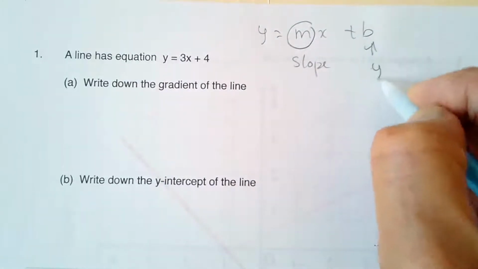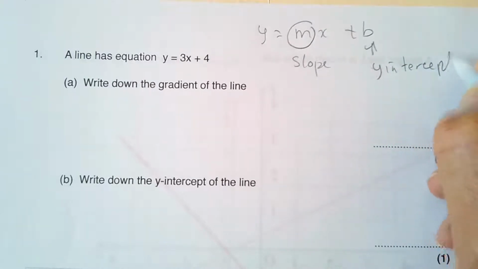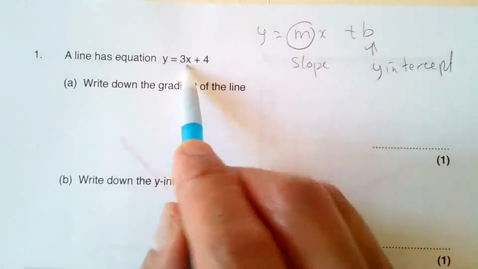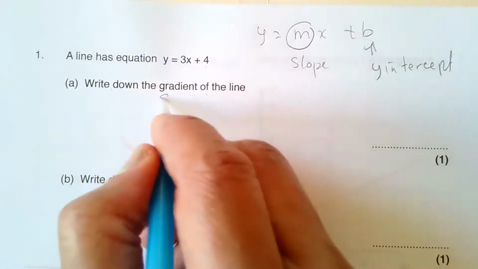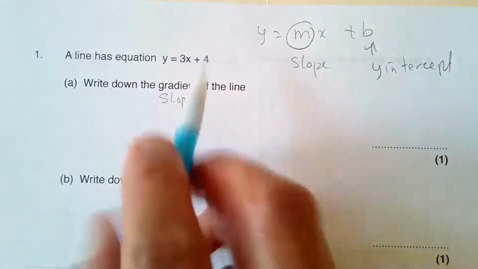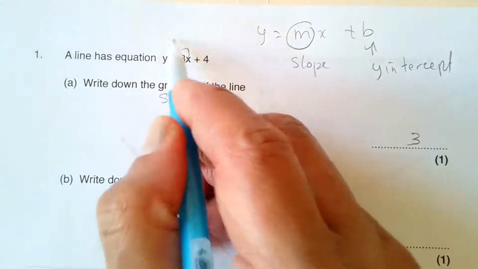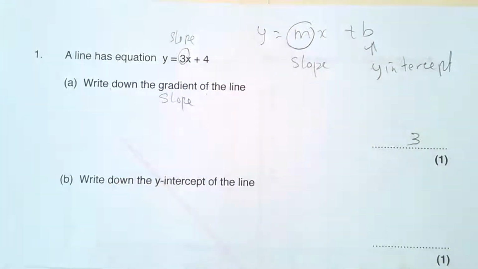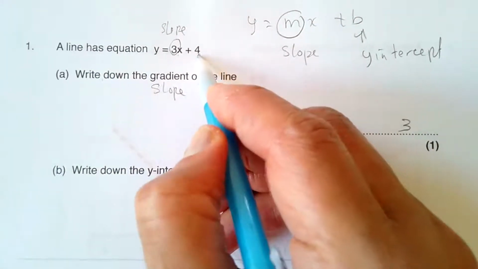This is my y-intercept, where it crosses the y-axis. So write down the gradient of the line, which is the slope of the line also. The slope of the line would be 3. The y-intercept is 4.